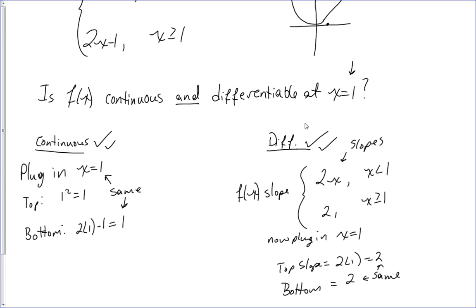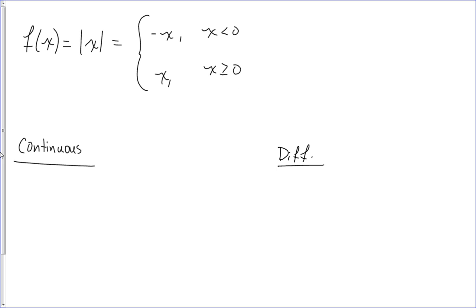All right, so here's our last example. Let's look at f of x equals the absolute value of x. So negative x for x is less than 0, and x for x is greater than or equal to 0. First, let's test continuity. So we want to plug in x equals 0.